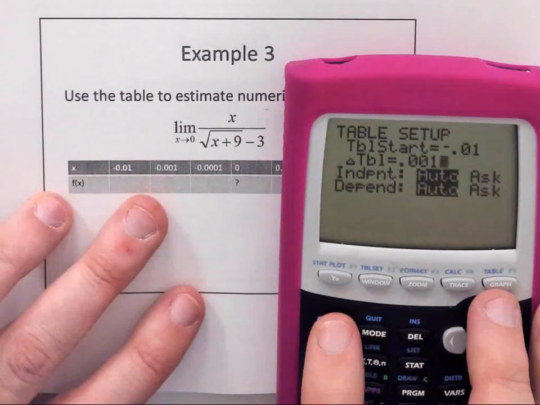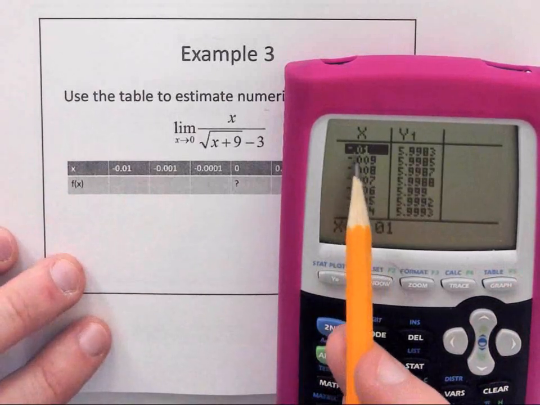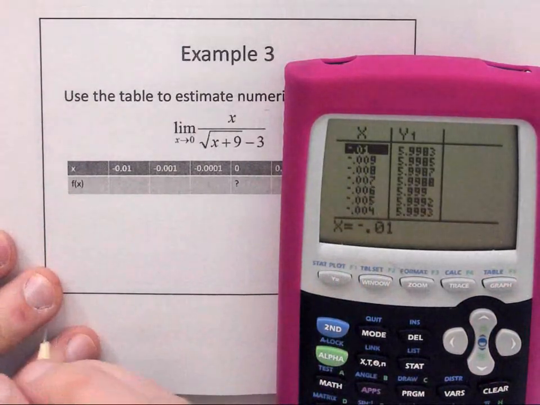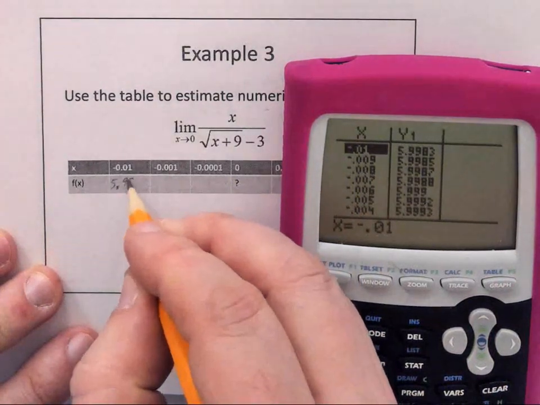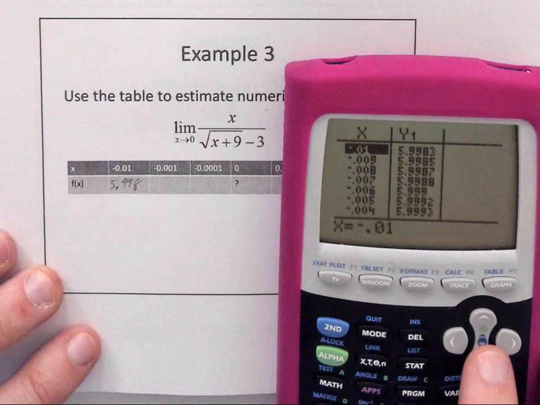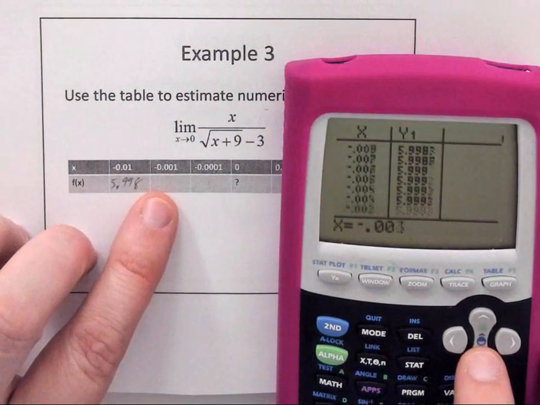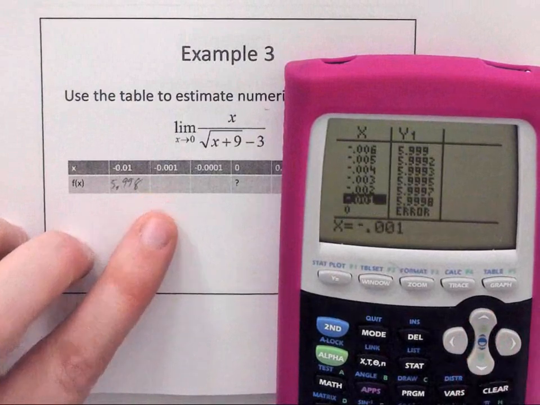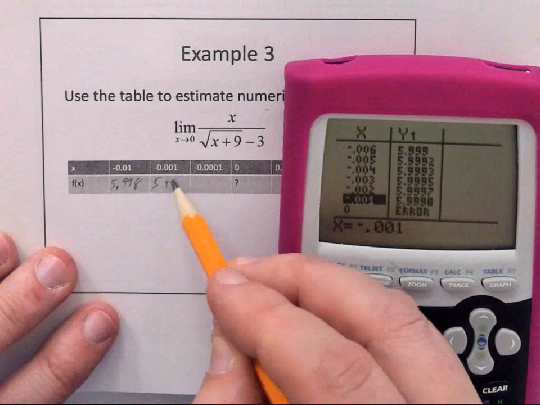Then table is where? Second graph. So I can see at negative 0.01, I'm going to fill that in as 5.998. Then if I go to negative 0.001, I get positive 5.9998.